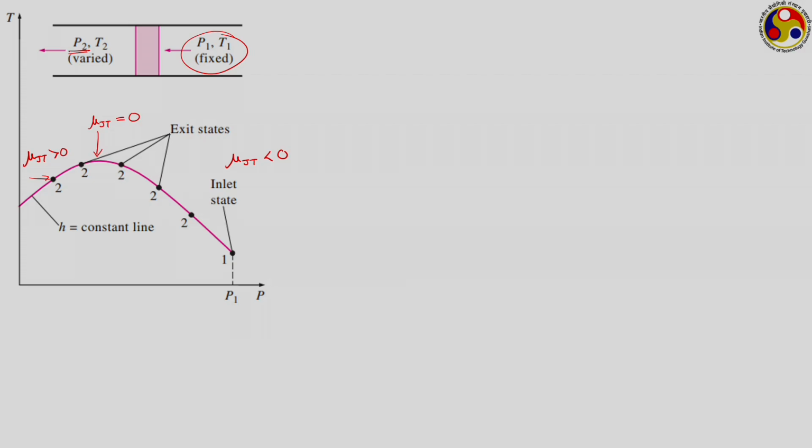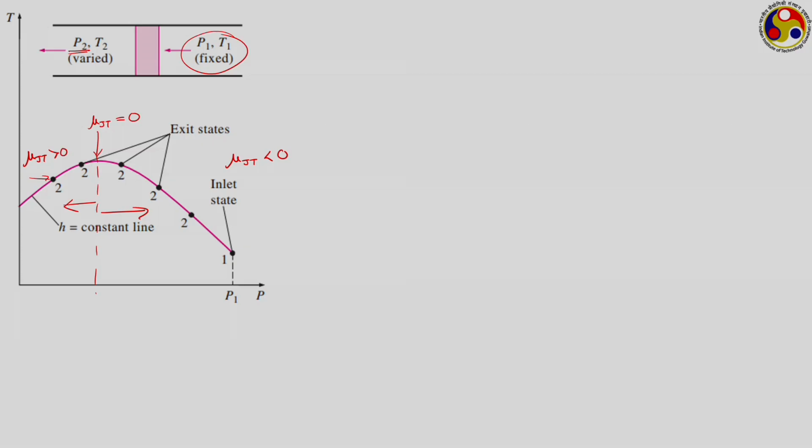This is a constant enthalpy line, and if we divide this line into two zones, we can see that on this side the Joule-Thomson coefficient is negative. So, if our operation is restricted to this right hand side, you are going to get a heating effect, whereas if we are operating on this side, then you are going to get a cooling effect.